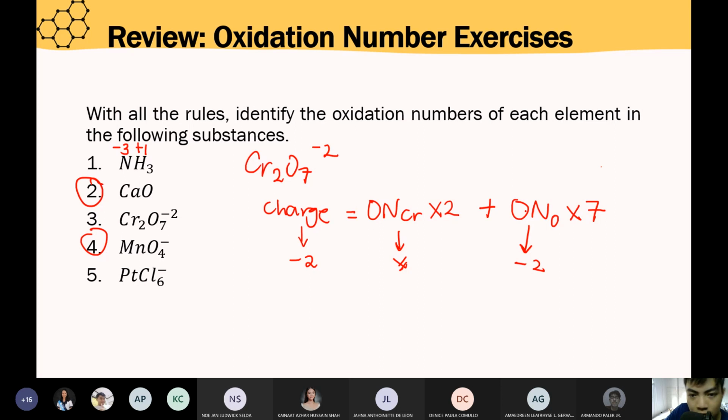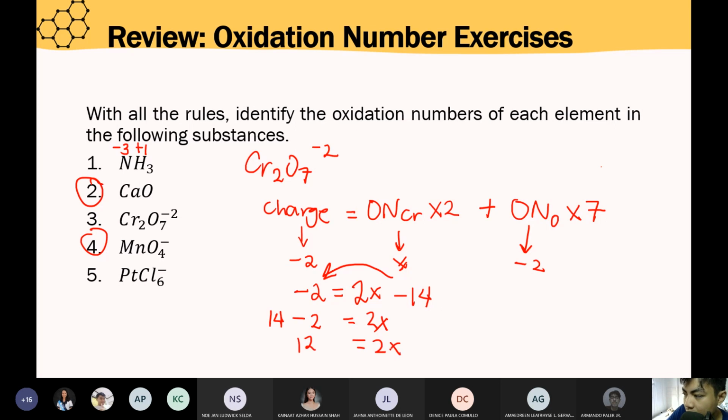So, with that info, let's write an equation. Negative 2 equals X times 2, 2X, plus negative 2 times 7, negative 14. Transpose this to the other side, so it becomes positive 14 minus 2 equals 2X. 14 minus 2 is 12, equals 2X.